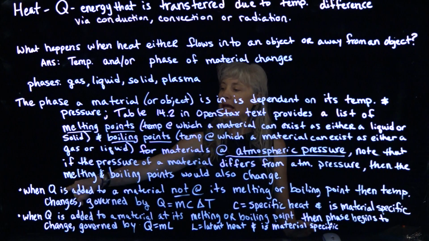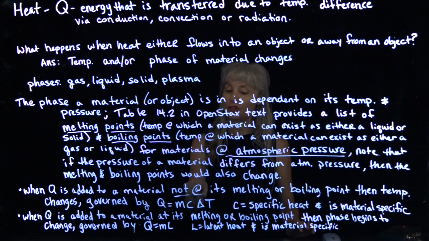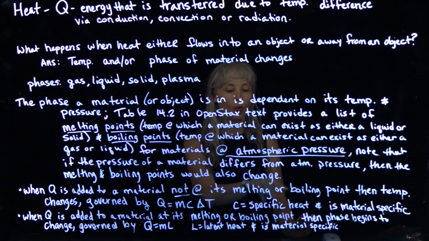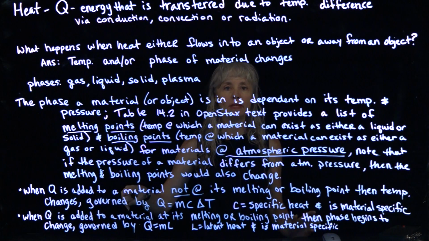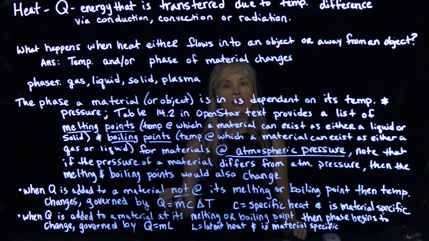So when we add heat to a material that's not at its boiling point or its melting point, then the temperature of that material is going to change. The formula that governs the change in the temperature for the material for a specific amount of heat added or removed from the material is given by Q is equal to mc delta T. Delta T is the change in temperature.